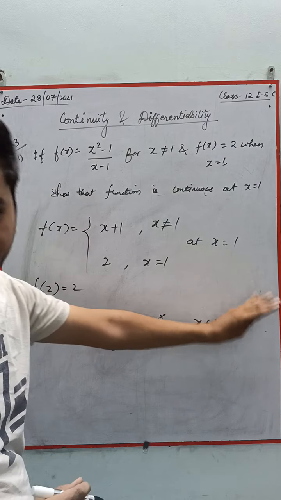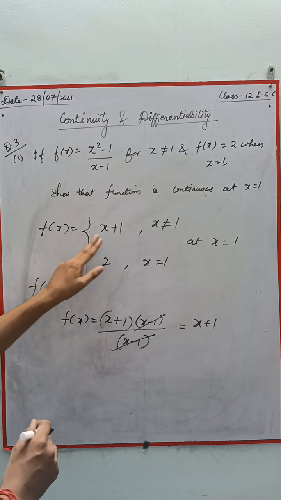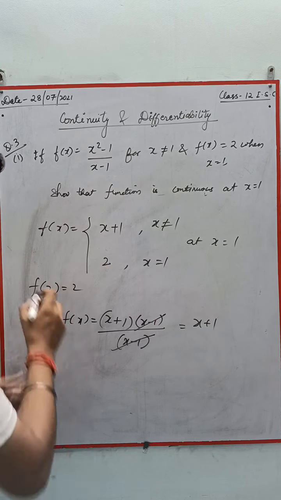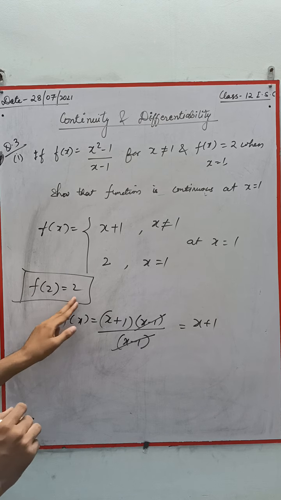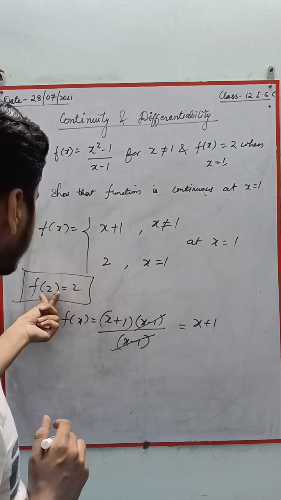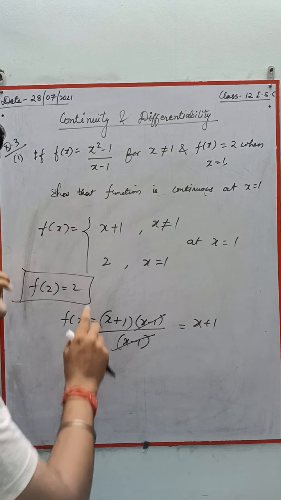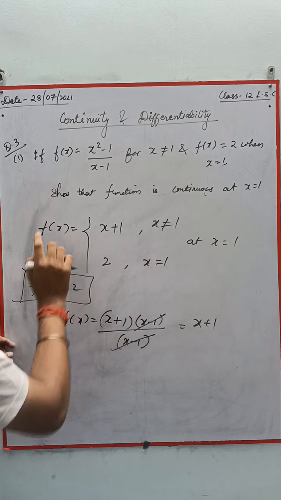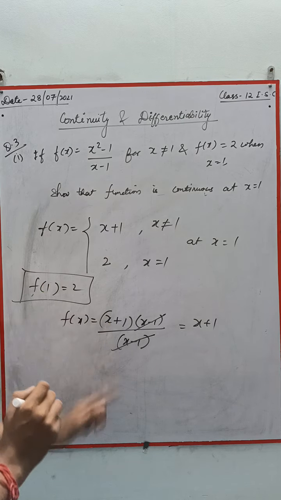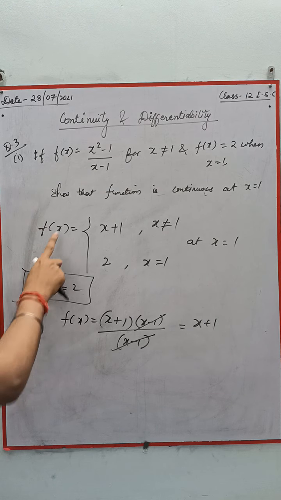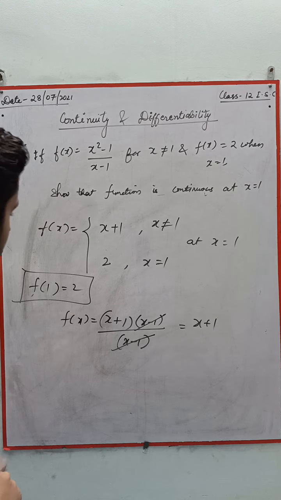You can definitely show this in the solution. Now, f(1) is equal to 2 on putting x equal to 1.